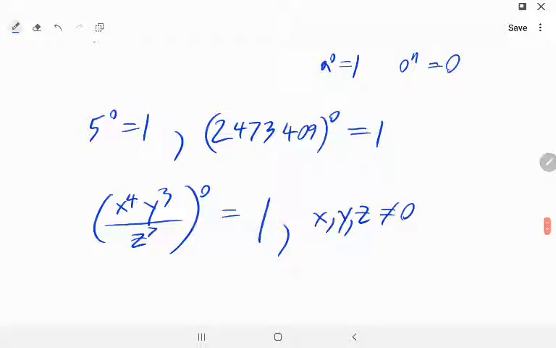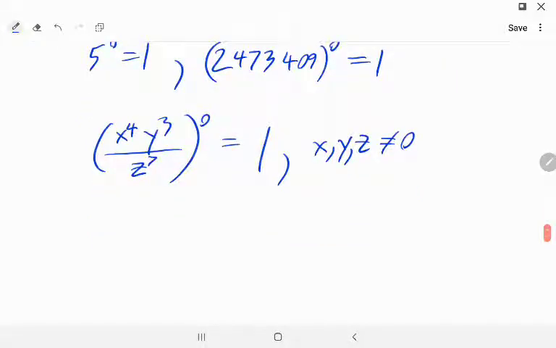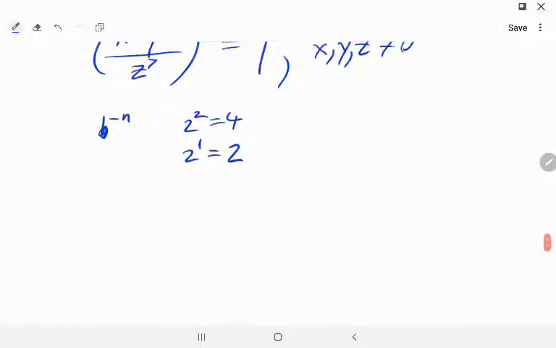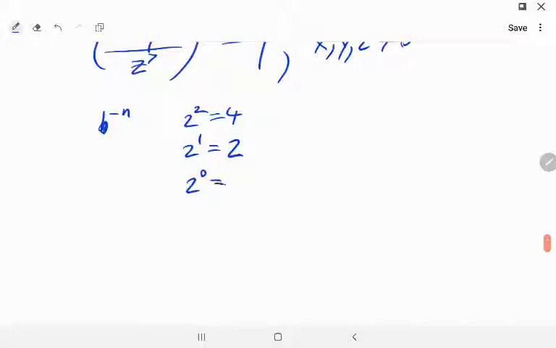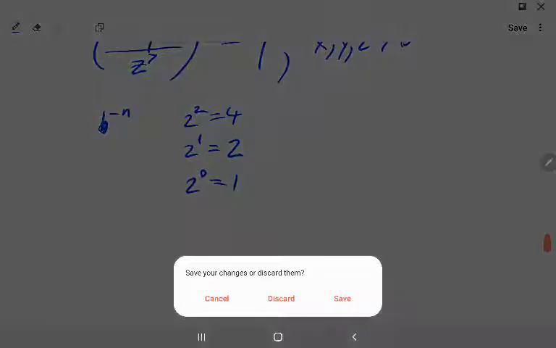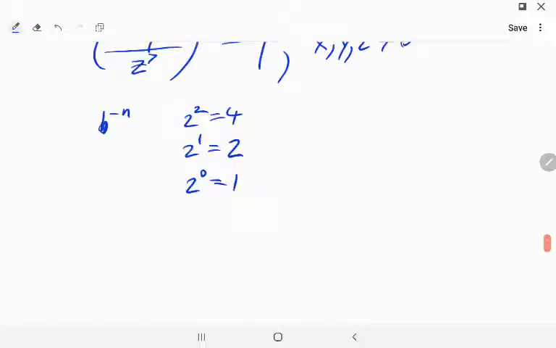So a little more interesting is the idea of b to the negative n. We notice that, again, we can look at patterns. We notice that if we're saying 2 squared is 4, and 2 to the first is 2, and 2 to the 0th is 1, again, following the pattern, we should get 2 to the negative 1.